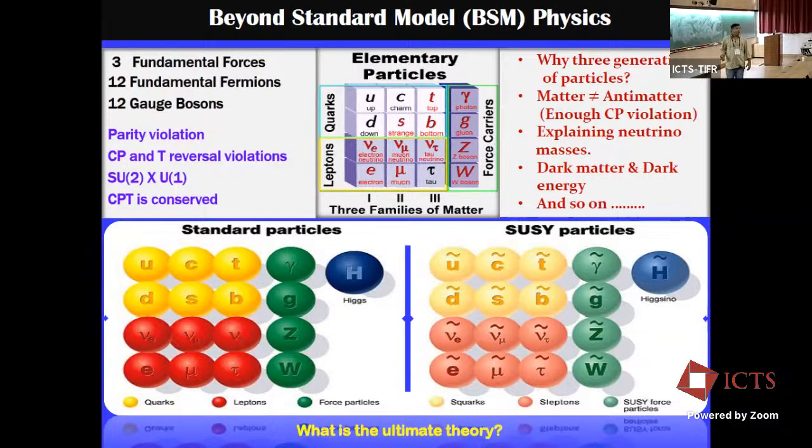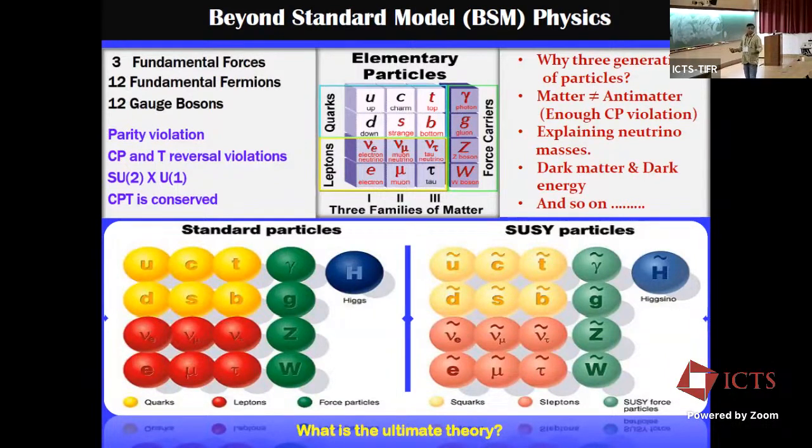It gives us parity violation, which is one of the discoveries that is observed. Using the standard model, we can also explain CP violation and T violation effects that are observed. One of the most important outcomes of this model is that it unifies two fundamental interactions, electromagnetic and weak interactions. And CPT is also conserved under the standard model of particle physics.